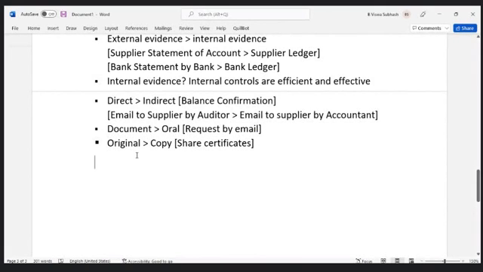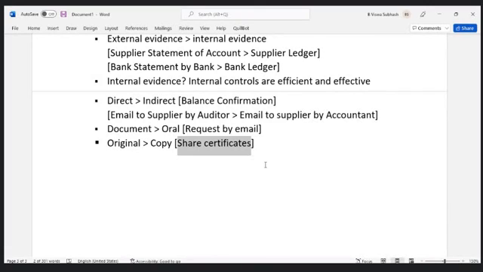So in such cases, what you need to do is say, see, I don't want to take your original. At least show me the original. I will compare it with the copy that you have submitted to me. Like I said again, share certificates is only one of the examples. I'm just taking one aspect for explanation purposes.